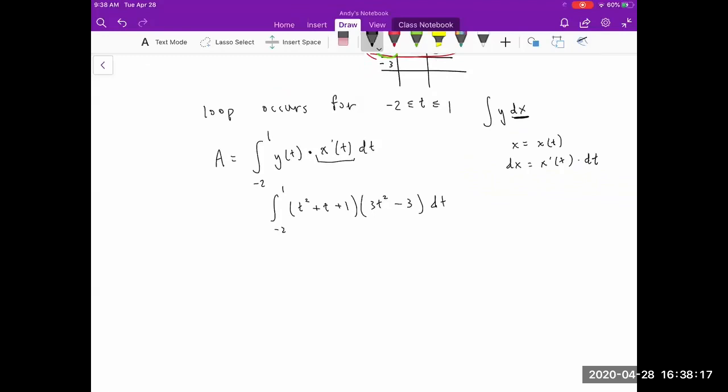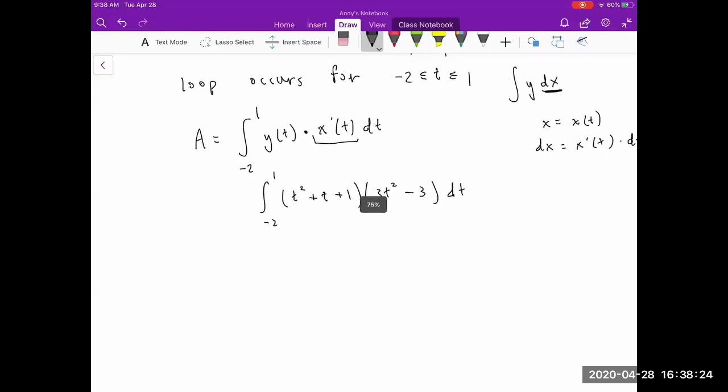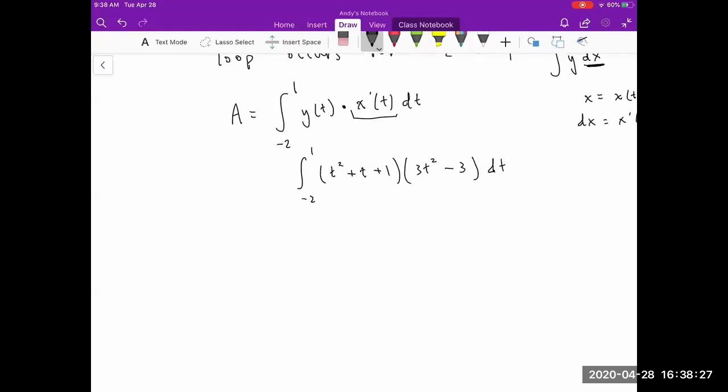Now it looks kind of crazy. It looks like a product, but we can actually expand it out quite a bit. Here's what I'm going to do, just to make things easier for me. I'm going to notice they both have 3 in common here, so I'm going to pull 3 outside of the integral because it's a constant, of course. What we have left over is t squared plus t plus 1 and t squared minus 1, then dt.